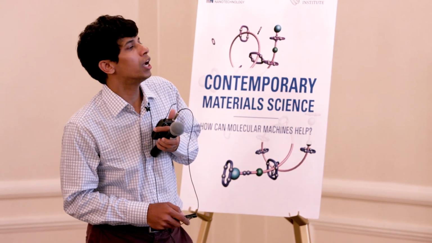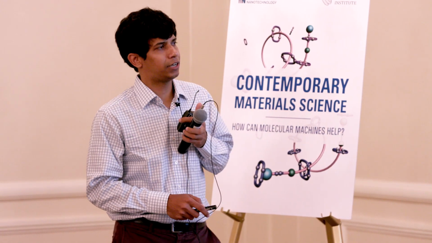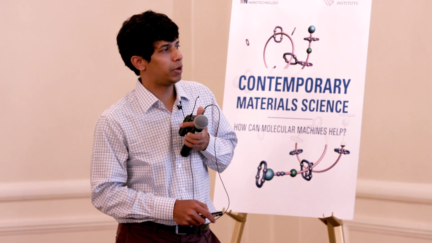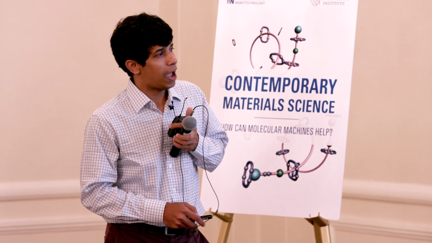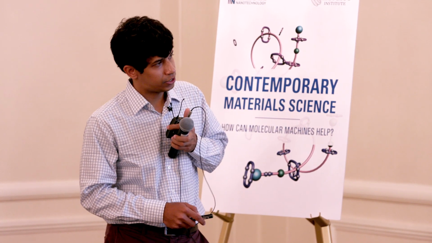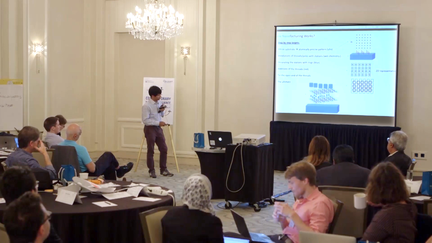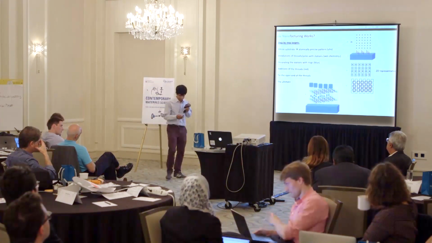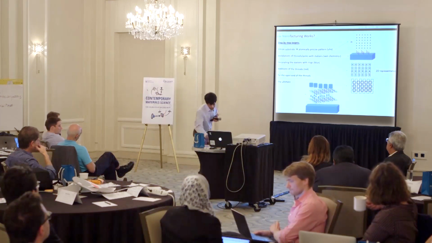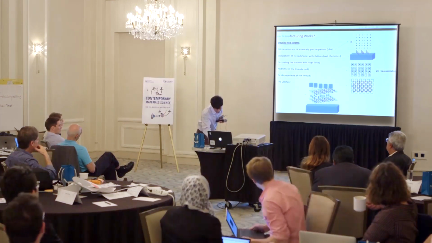And the ultimate goal is to have at least 2 planes. And each plane is basically a 2D catenane-like structure. And we have a station here, and depending on the stimuli, basically the distance between these 2 planes can be changed. And we can use this for the application.